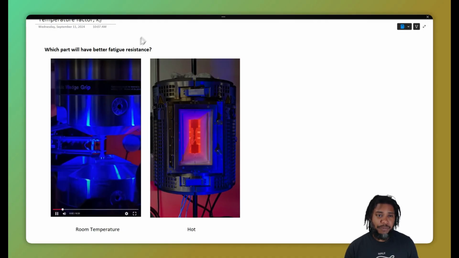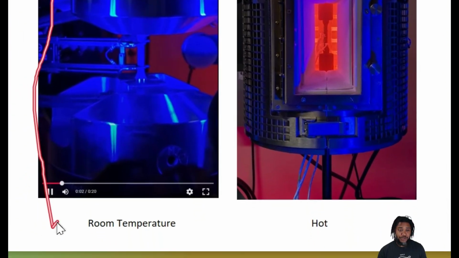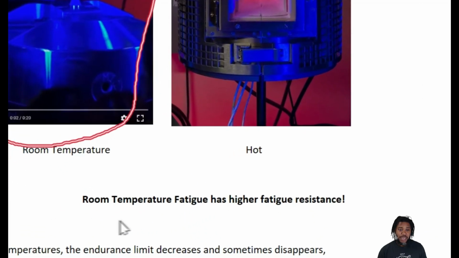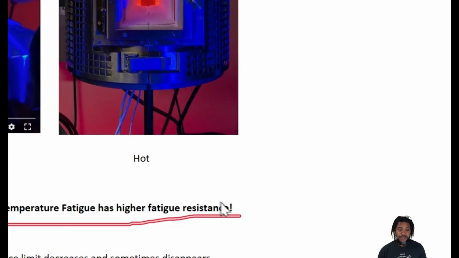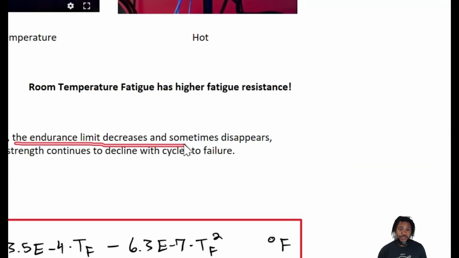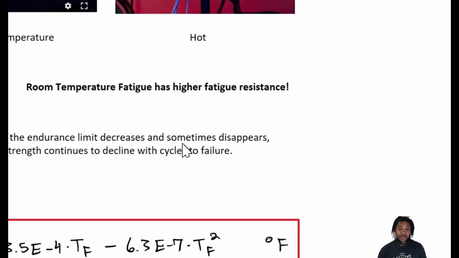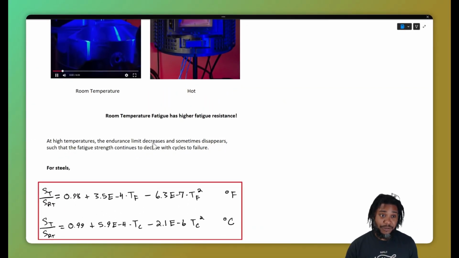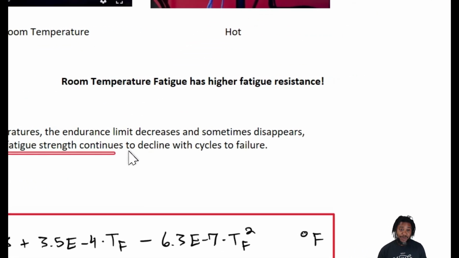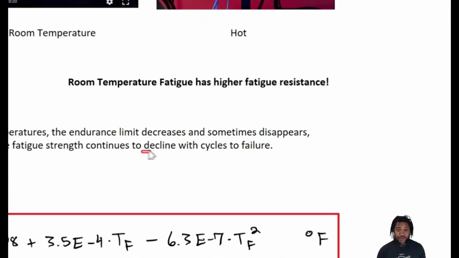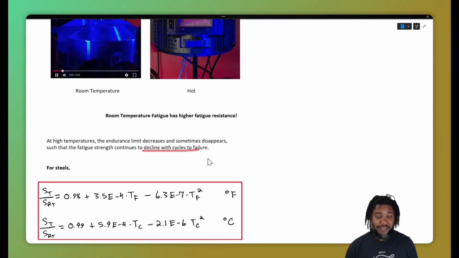If you selected the part that is at room temperature, then you are correct. The part that is room temperature has higher fatigue resistance. You see, at high temperature, the endurance limit of a material decreases, and sometimes it can even disappear, even for alloys like steel, such that the fatigue strength or stress amplitude to failure decreases or declines.